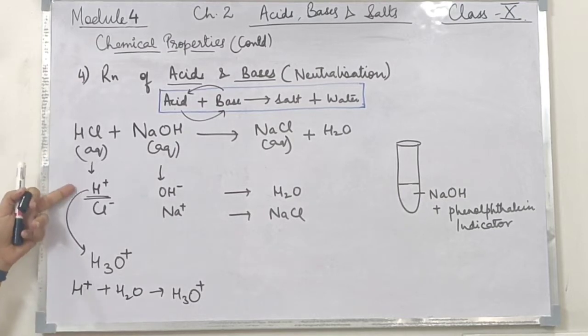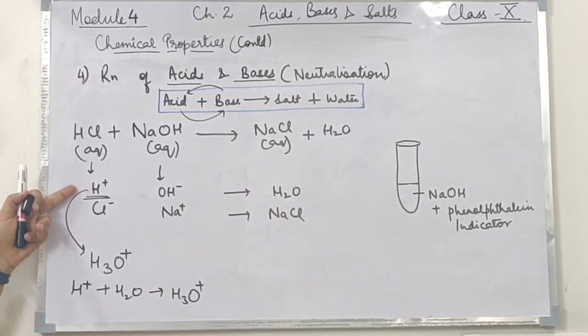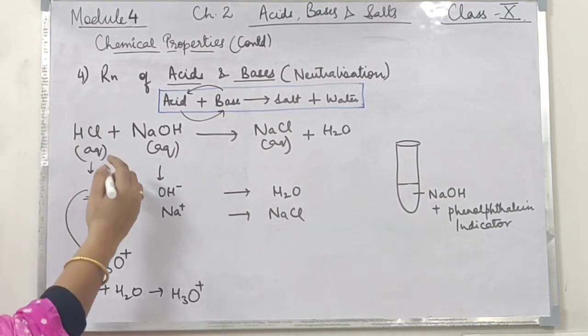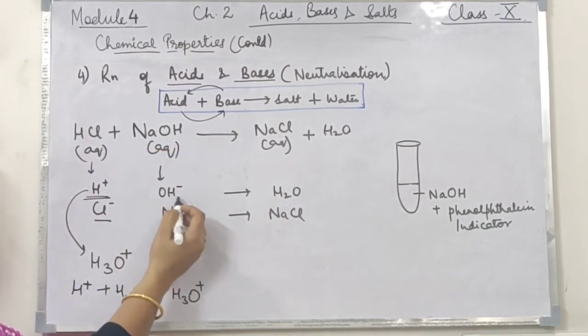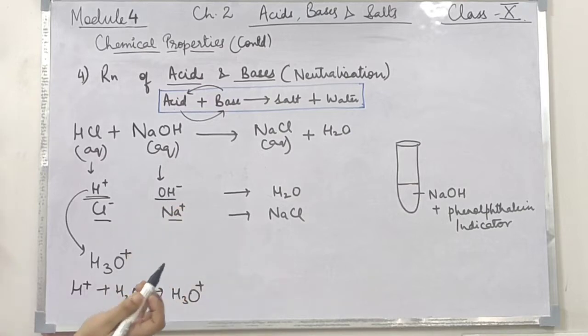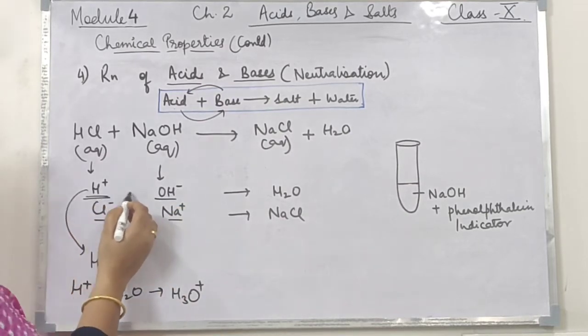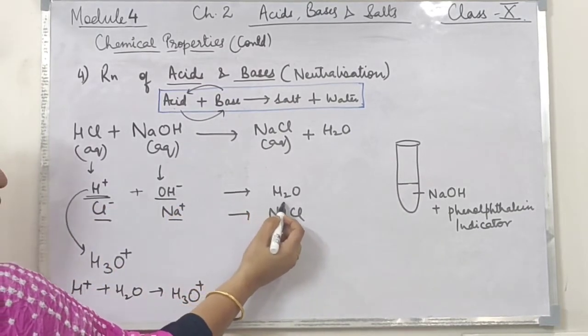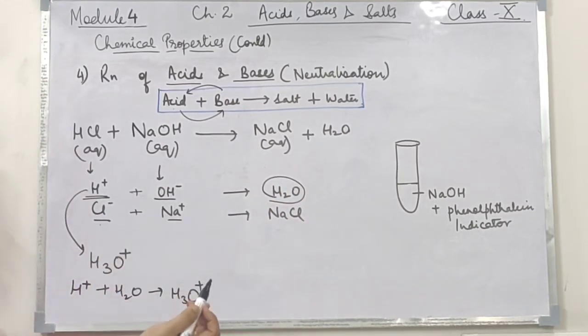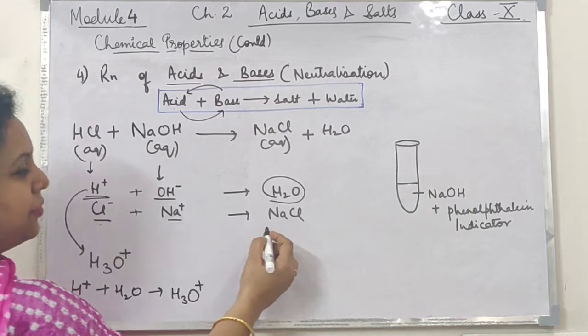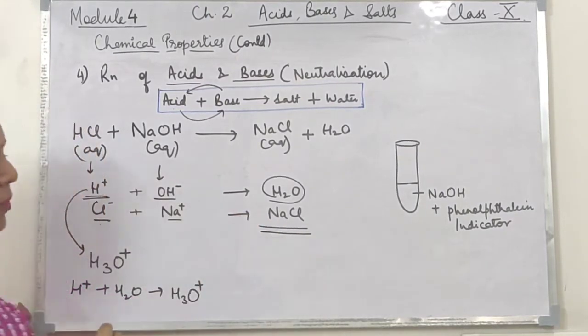So what happens? HCl will release H plus ion, and of course Cl minus also. NaOH is going to release Na plus and OH minus ions. H plus and OH minus together they form water, and this cation and anion which are left, they will form the salt.